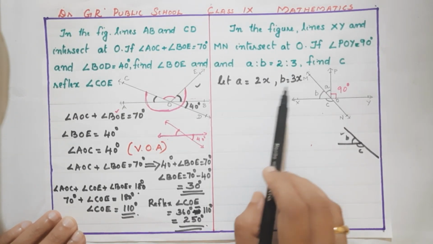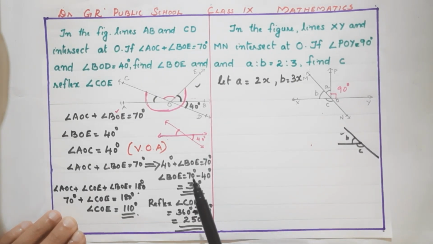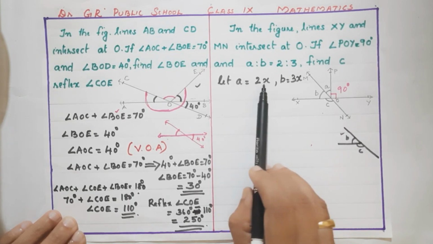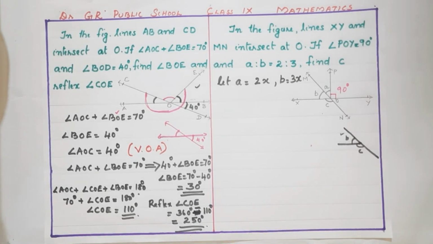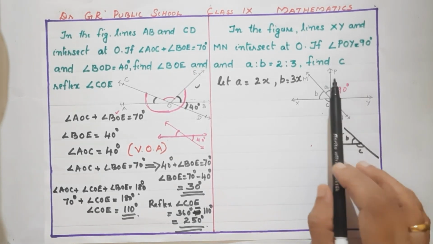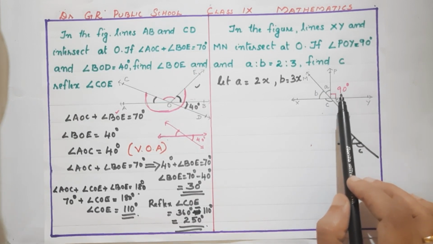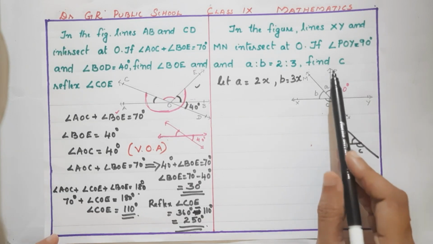Now we need one equation to find the value of x. Can we frame an equation using this 2x and 3x? Yes. Here it is given that angle POY is equal to 90 degrees. So what is angle XOP?